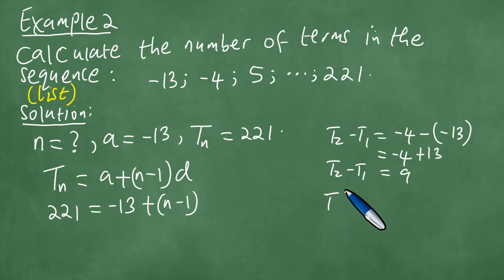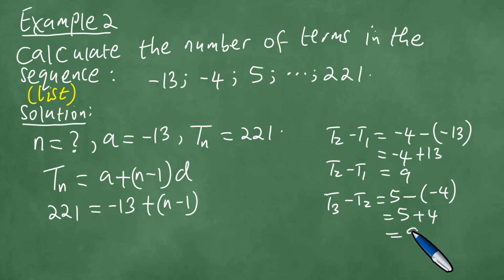Now we just found T2 minus T1, so we must also do T3 minus T2. What is T3? 5 minus T2, which is 5 plus 4, which is 9. So the observation we're able to see is that the common difference is 9. It is common because T2 minus T1 is 9 and T3 minus T2 is 9.